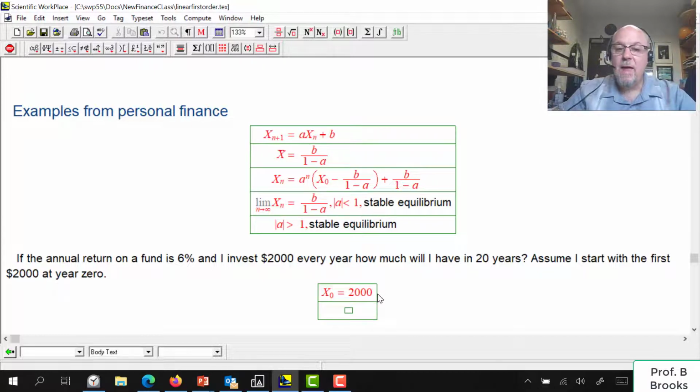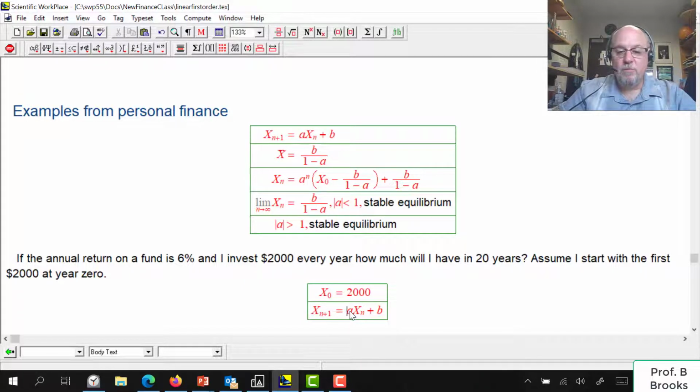Now I need to know what's my A and what's my B. So I need to know my first order difference equation that's governing this. Whatever money I have in the account, it's going to grow by 6%, and then I'm going to put in the $2,000.